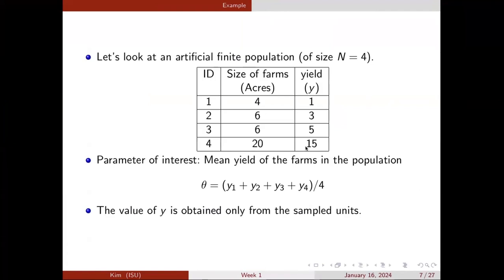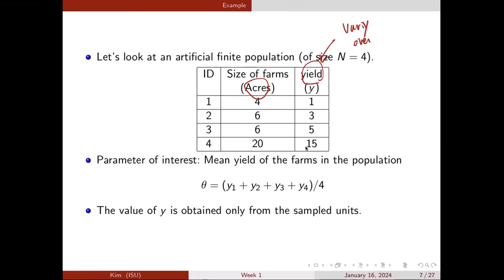You can label them, and the size of each farm is in terms of acres: 4 acres, 6 acres, 6 acres, 20 acres. So we have 4 farms. Then there is the yield, which could be corn or soybean or whatever agricultural product.